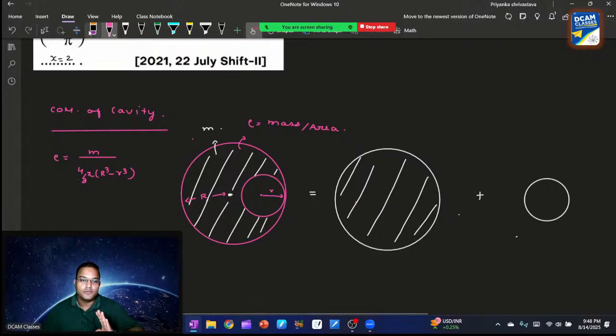Actually, I don't want to say sphere. You know the volume of a sphere. The density I have found is mass per unit volume. If you want to think of it as a sphere, not a problem, but in this case we have to find mass per unit volume.